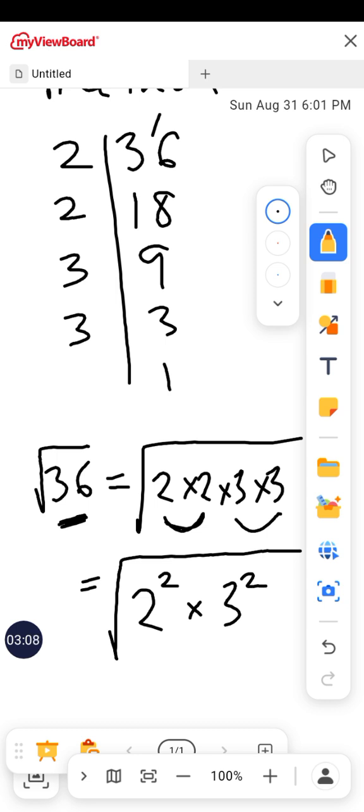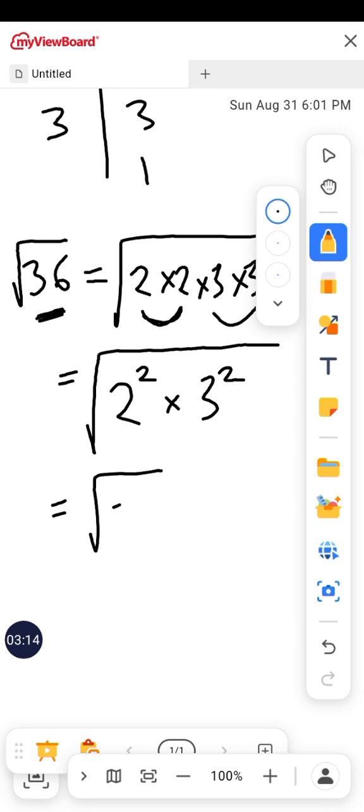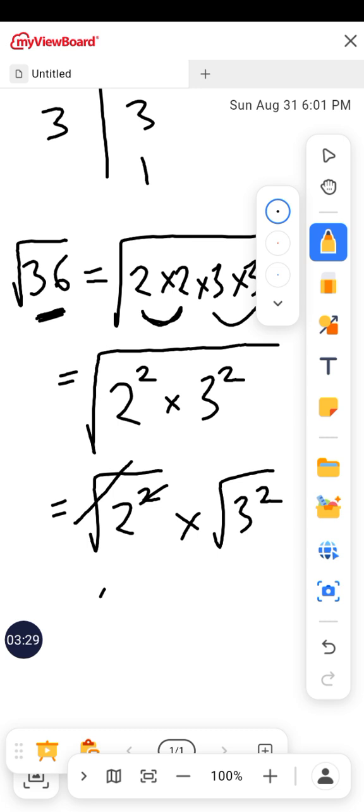And this can equally be broken down from the laws of square roots. This is equally written as, write them separately, square root of 2 squared times square root of 3 squared. Are we together? So this square here is going to cancel out the square root, as your square root is something like a half. If you don't want to write square root, you could have written it as 2 squared raised to power half. So this 2 here cancels this 2 here.